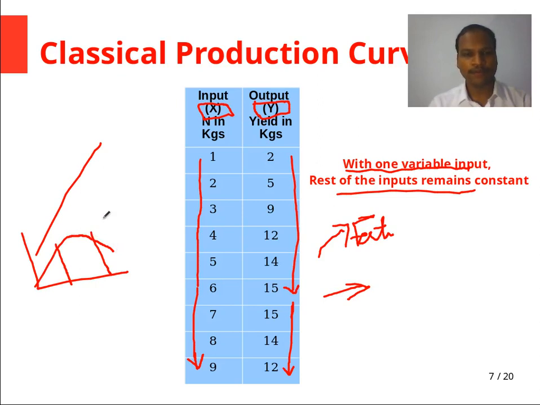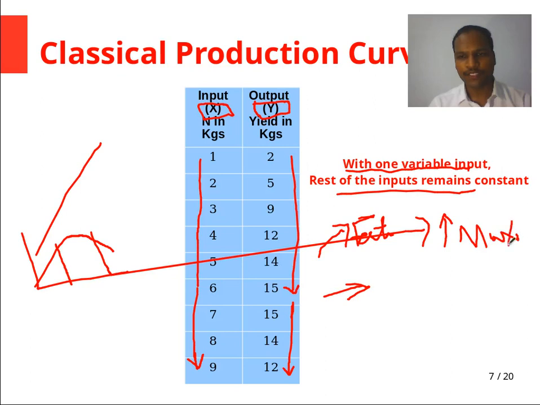So when we apply fertilizer to the paddy field, initially the production will increase, reach a maximum, and then reduce. Once attaining physiological maturity, the yield will get reduced, when we apply even more fertilizer.